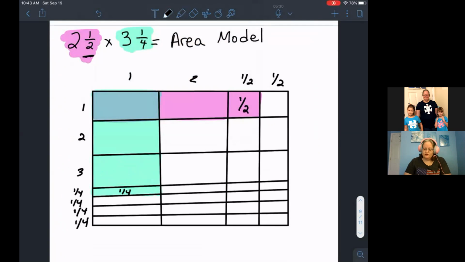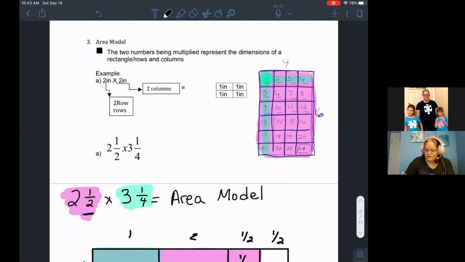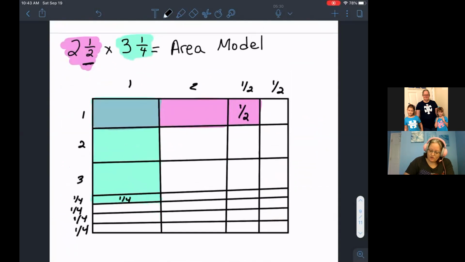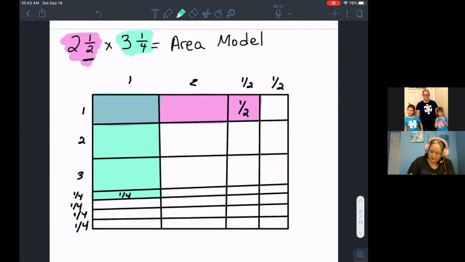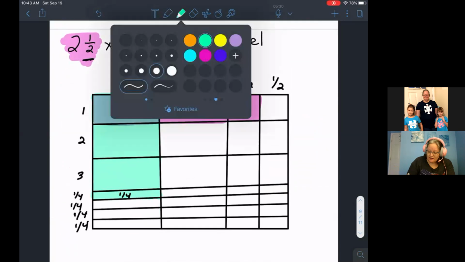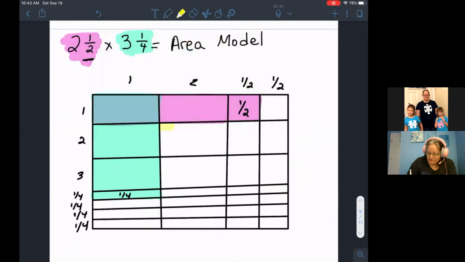Okay, so now, just like in here, we have to find everything else that's also included. Because you have the 4 this way and the 6 this way, but we're going to find everything that is included in the whole thing. So we're going to find everywhere that overlaps, and we're going to do it in yellow. So all of this is also included.